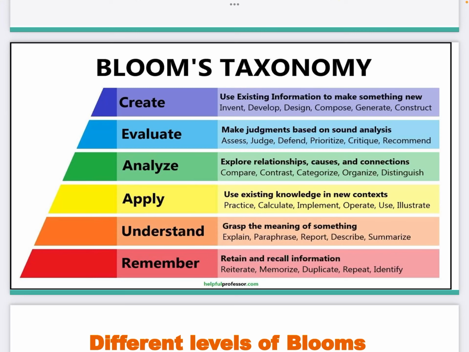Then the next level is analyze. Analyzing means that whatever information has come to you, you need to break down that complex information or process, understand the various components present in it, and then find the relationship between them. Like with photosynthesis: they have learned the definition, understood it, and are even capable of applying it.